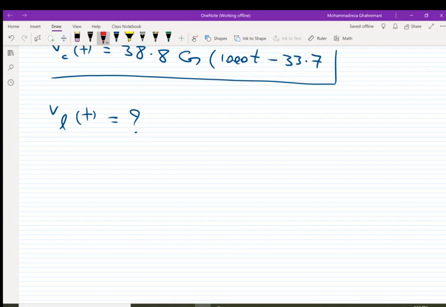Now we want to talk about parallel equivalent and current division.